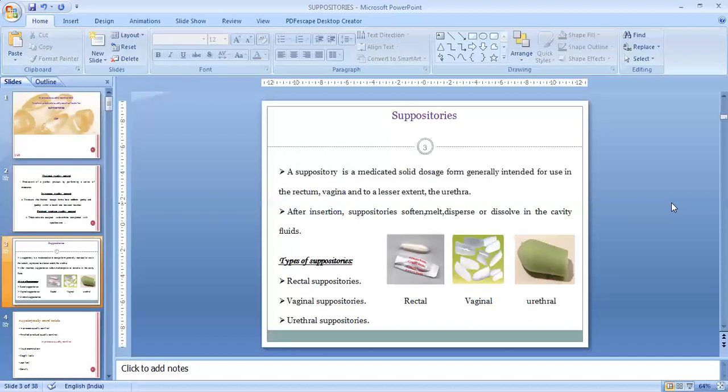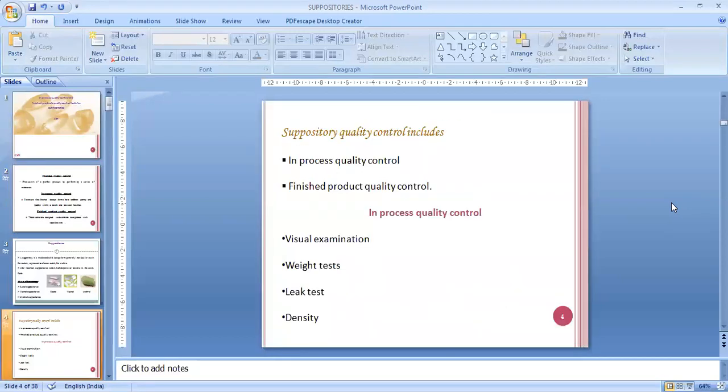After insertion, they soften, melt, disperse, or dissolve in the cavity fluids. We have a small figure here showing the three types: rectal suppositories, vaginal suppositories, and urethral suppositories.